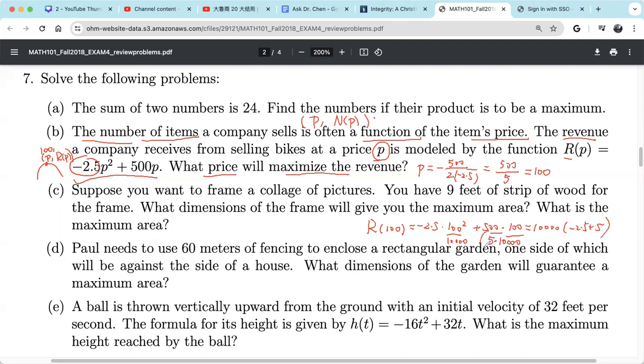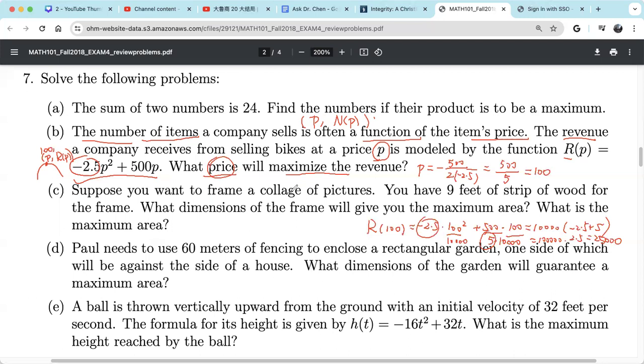Then that's 10,000 times 2.5, that's 25,000. So that means the maximum revenue is 25,000, and the price that maximizes the revenue is $100.